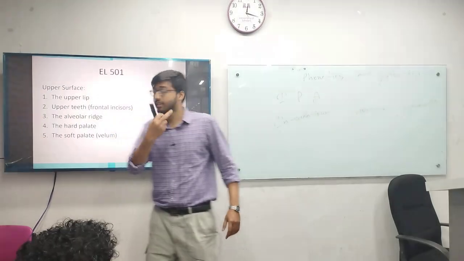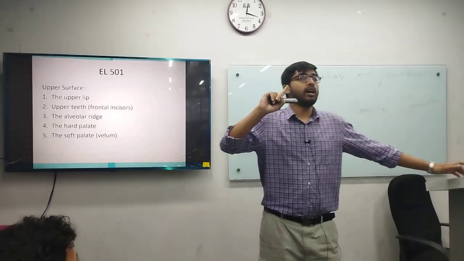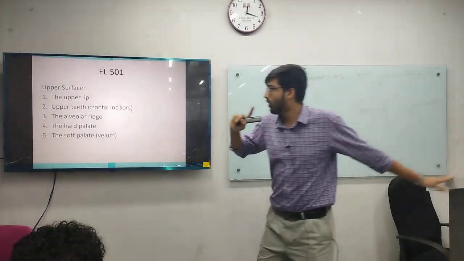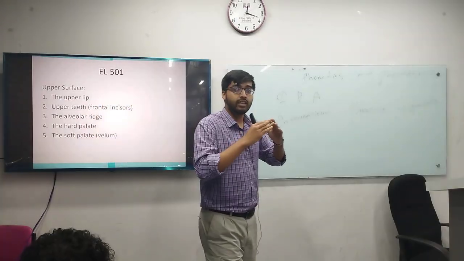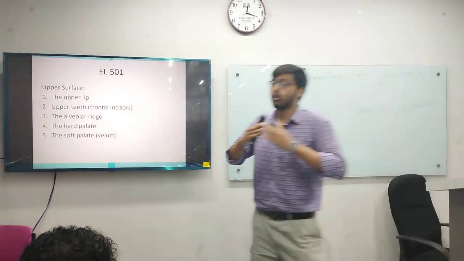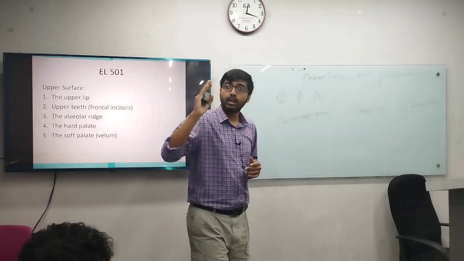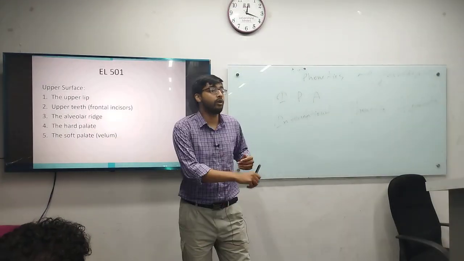Then upper teeth. Then the alveolar ridge. Alveolar ridge means the root of your teeth. Where the root of the teeth and the hard palate meet, that place is called the alveolar ridge.